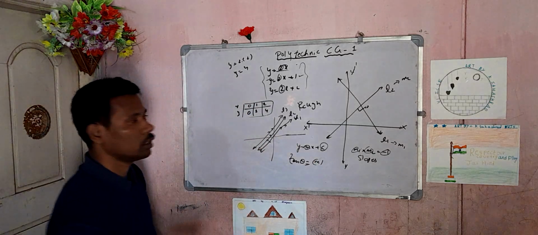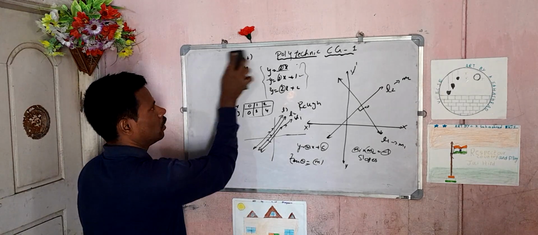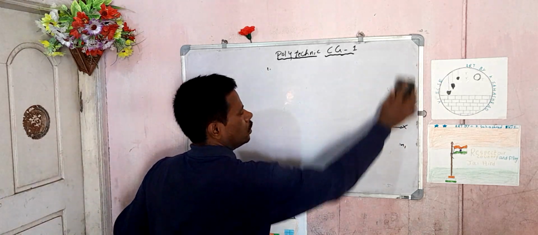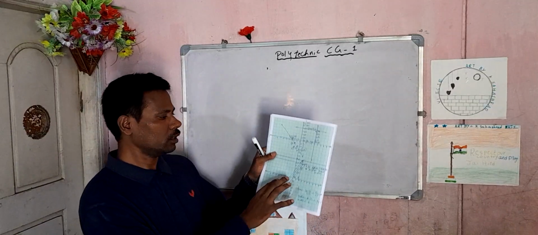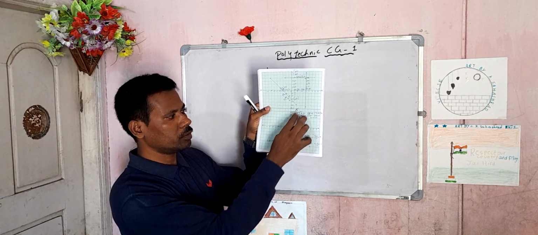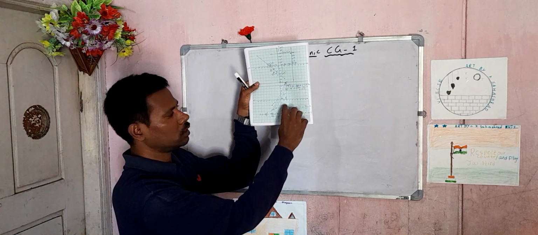Now we will do some problems based on centroid. So this graph sheet is clear, children. Once again I am showing here. This graph sheet is nothing but the slopes are equal, lines are parallel. See here, 1, 2, 3. These three lines are parallel.